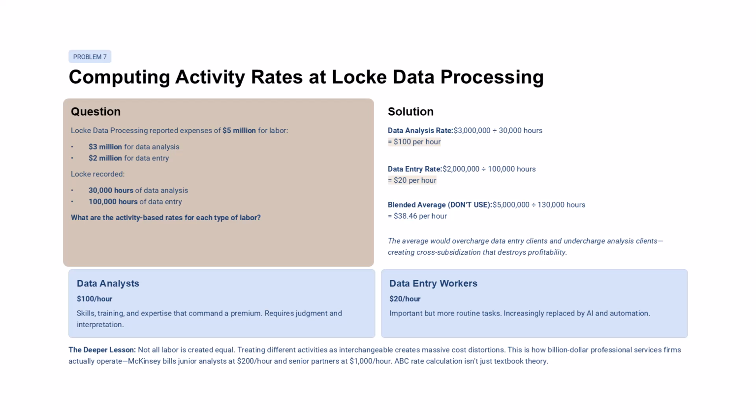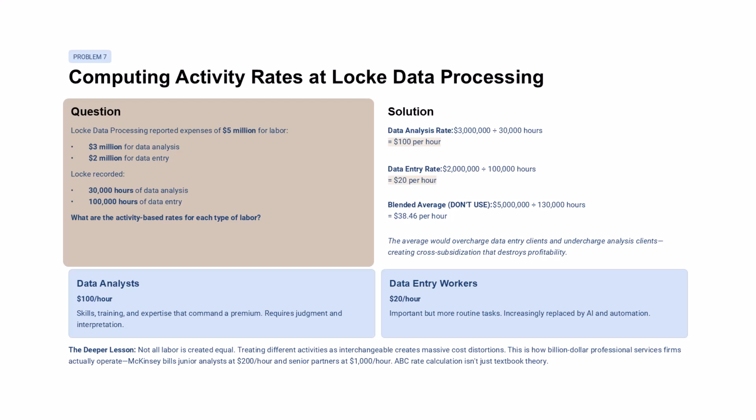Let's compute each rate. Data analysis: $3 million divided by 30,000 hours equals $100 per hour. Data entry: $2 million divided by 100,000 hours equals $20 per hour. The data analysts cost 5 times more per hour than data entry workers. If Locke used a blended average rate, it would be $5 million divided by 130,000 total hours equals $38.46 per hour.